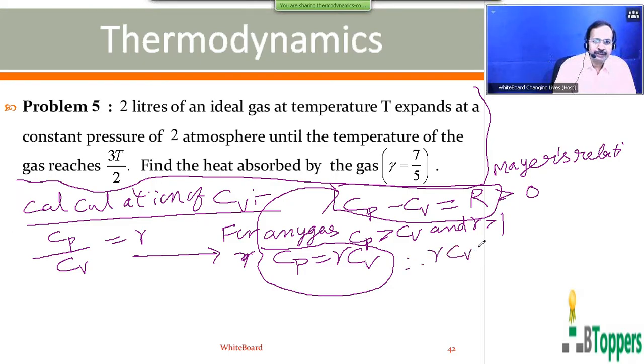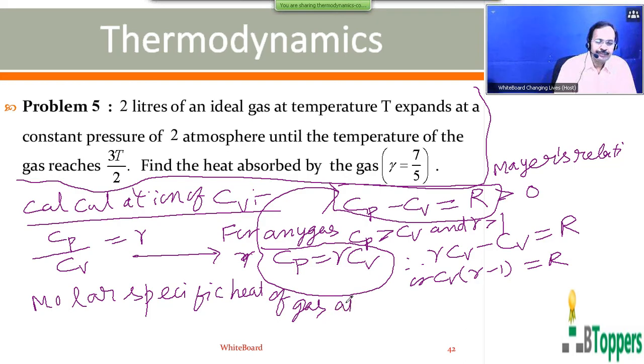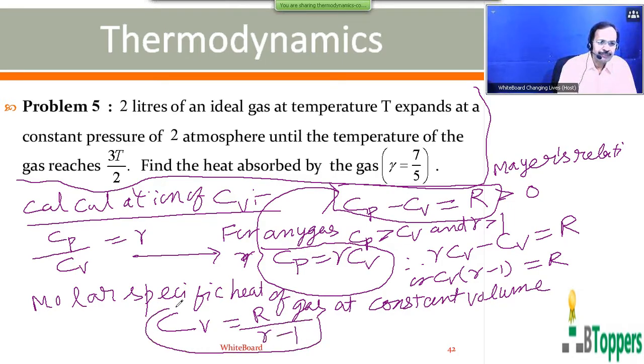Therefore, you get gamma into Cv minus Cv equal to R, or Cv into gamma minus 1 equal to R. Therefore, molar specific heat of the gas at constant volume, capital C subscript capital V, equal to R by gamma minus 1.